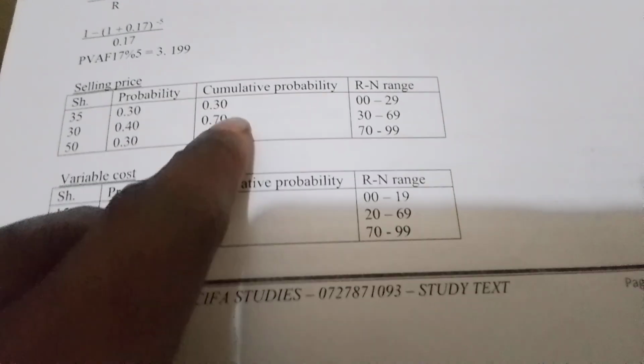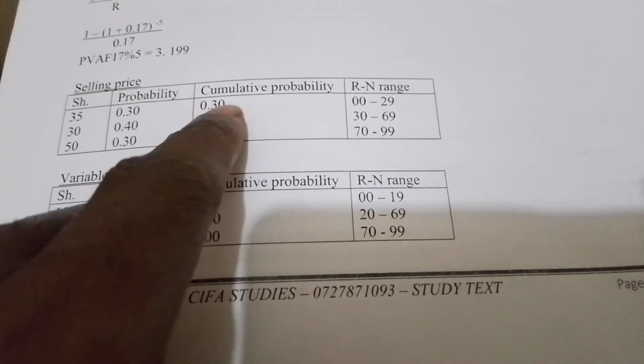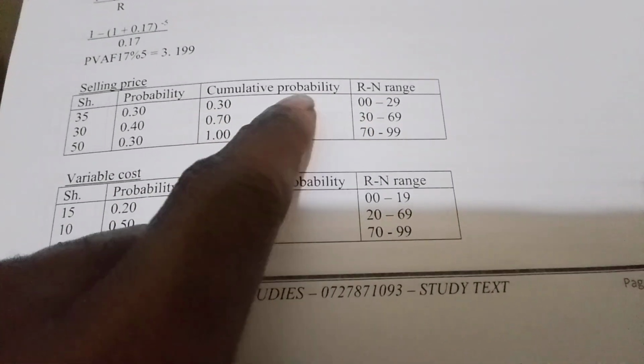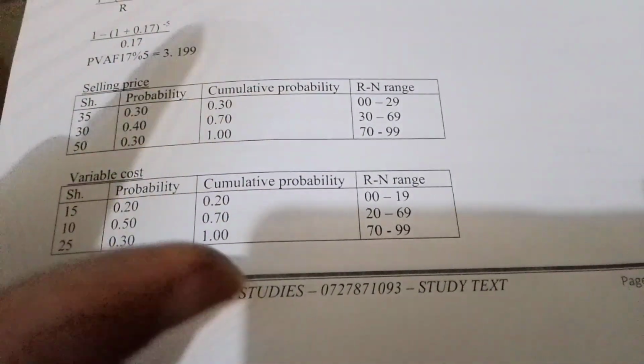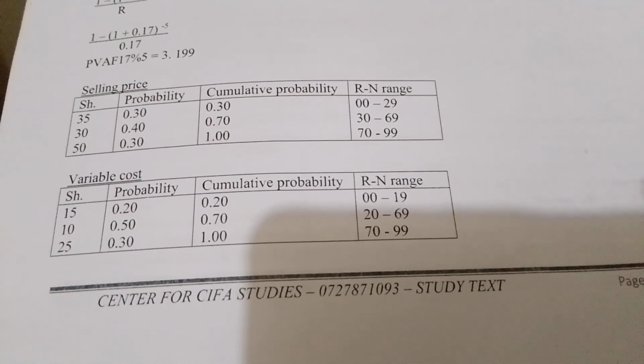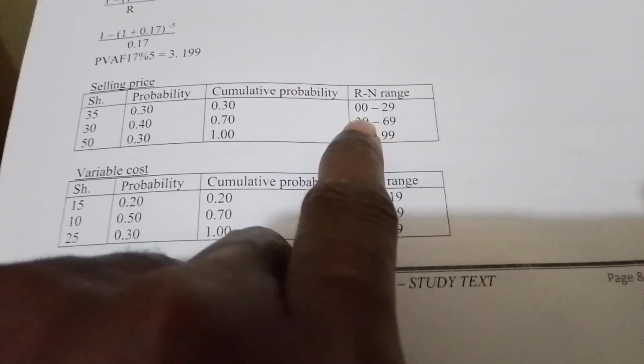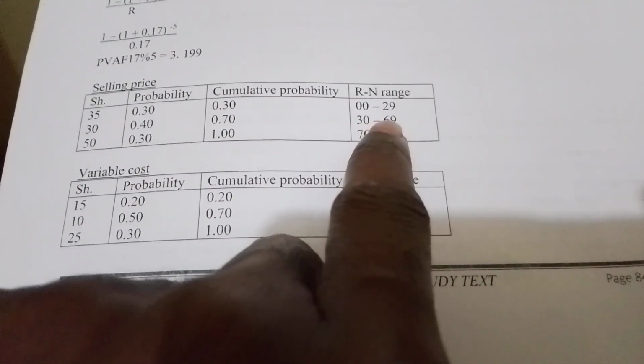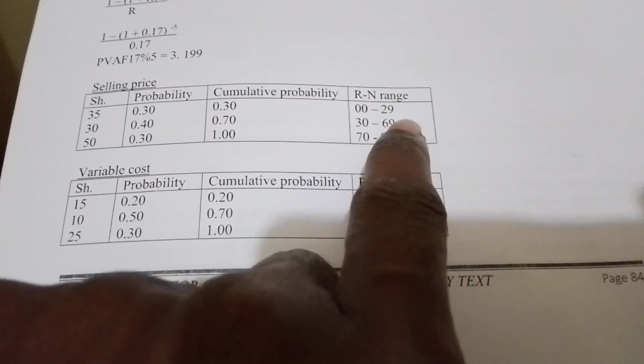So here, 0 up to 30, but don't say 30; you say 30 minus 1, you get 29. So random range numbers will be 0 up to 29.